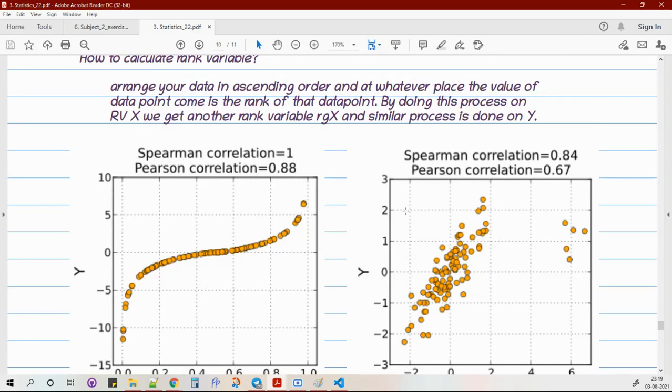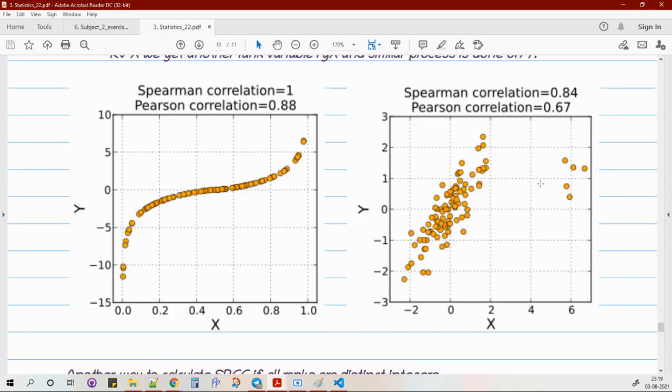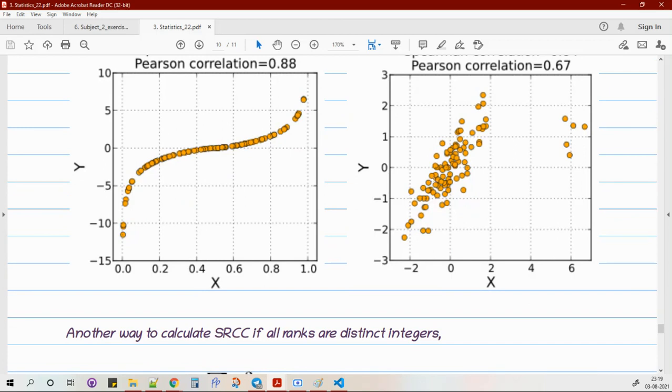The y direction is not impacted, but the x direction is impacted a lot by just these 5 points. So PCC would be 0.67, but SRCC would be 0.84 in this case, correct? As the value of x increases, y increases, and in some cases it decreases also. That's why we don't get exactly 100%, but there is some linear relationship. Perfect.